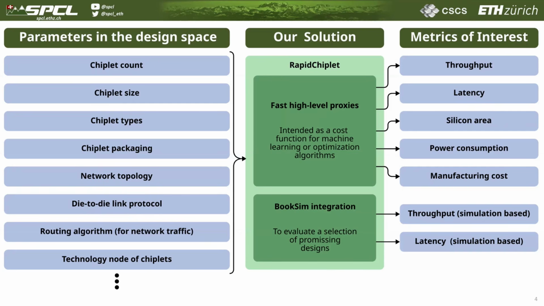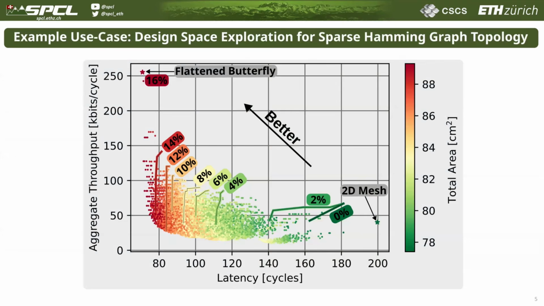And just to give you an example for a use case of RapidChiplet, here in this case study, we wanted to explore the design space of the sparse Hamming graph network topology. This is a topology that is parameterizable. And in this example, we had multiple tens of thousands of different design points that we wanted to evaluate.